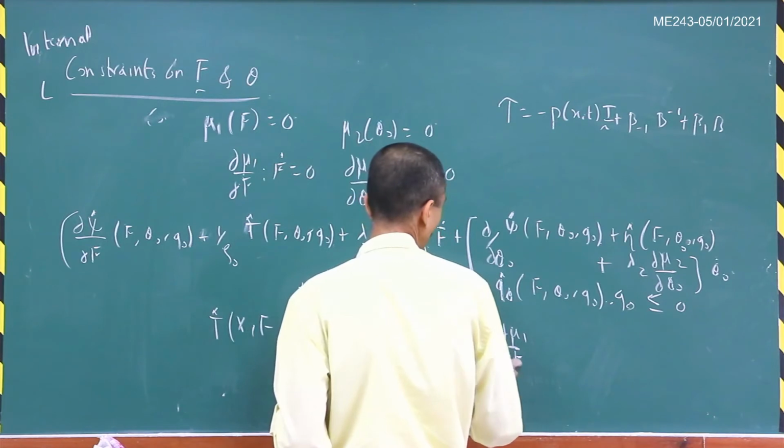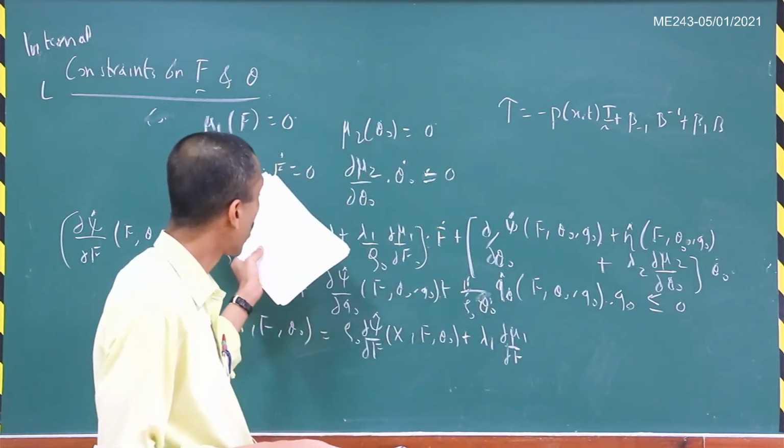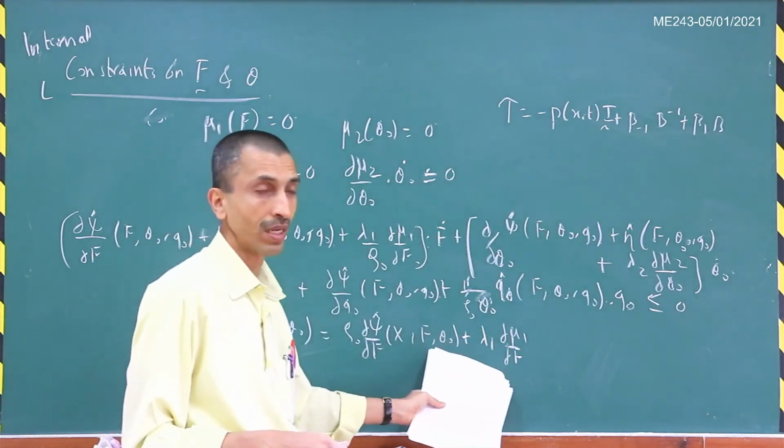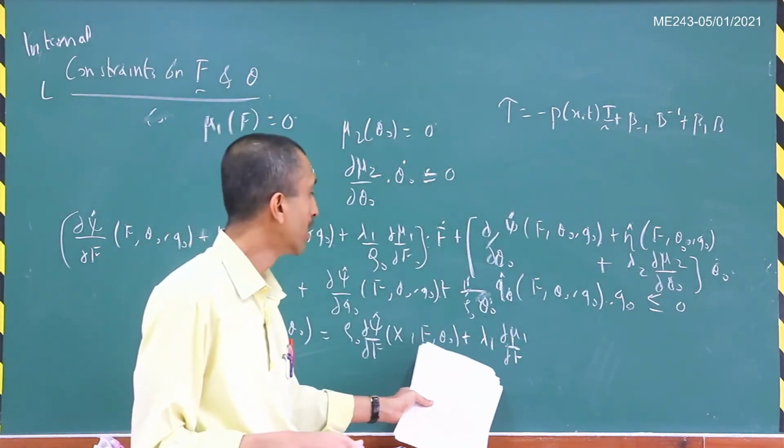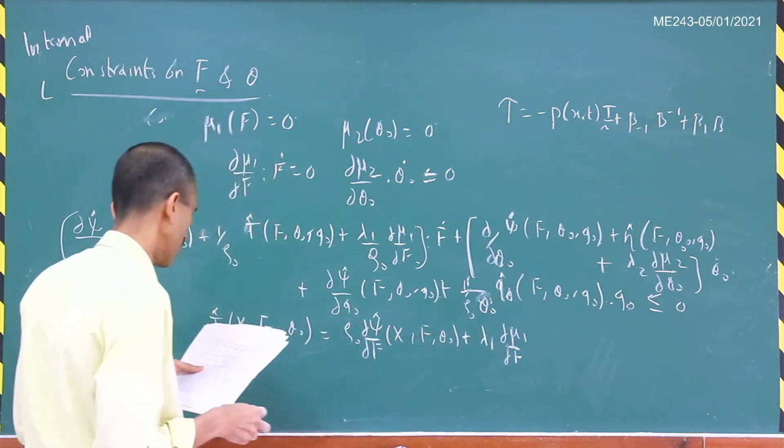So this term now gets added. Previously, if the constraint had not been there, then we do not have this particular statement. But now this term gets added to the expression for the stress.